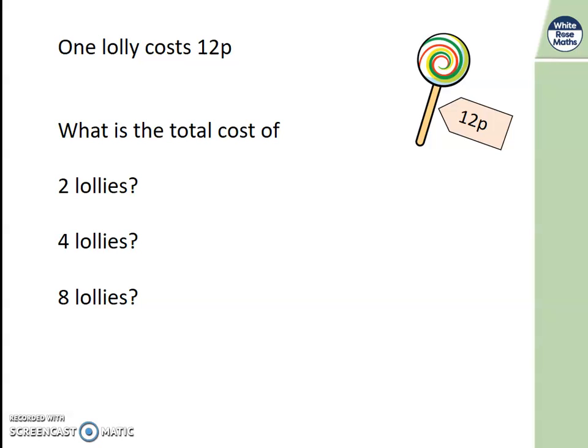I'm going to start off by doing the bar model because I think that's a really simple way of helping. There's one lolly, which is 12 pence, and there's another lolly, which is 12 pence. So the total will be 12 add 12, or 12 times 2, which equals 24.